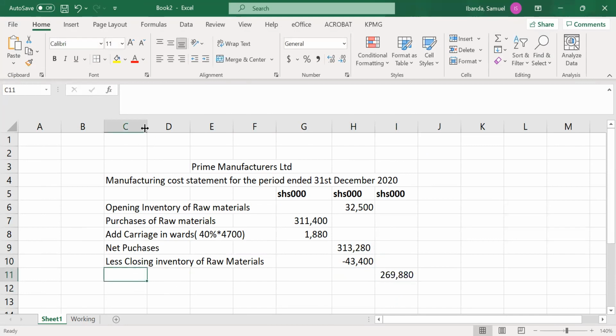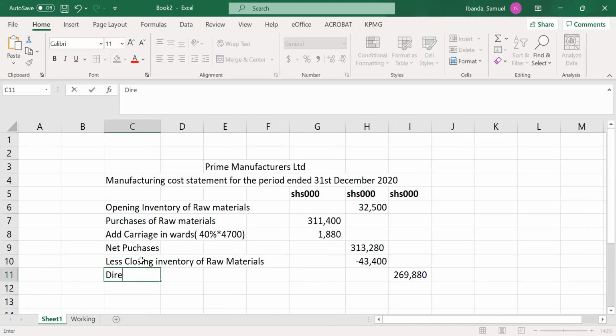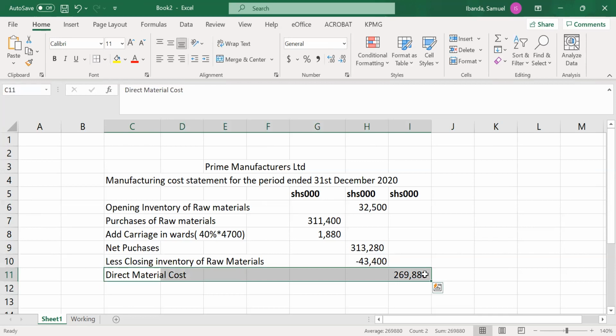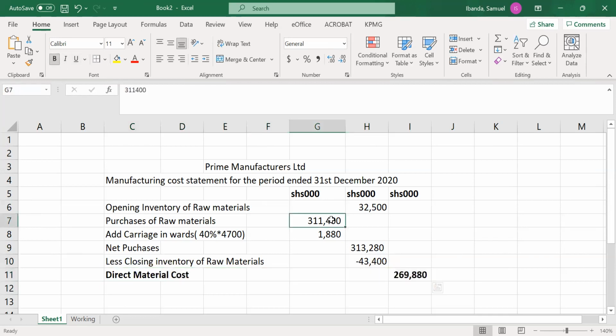So this is going to give me my cost of raw materials, or call it the direct material cost.